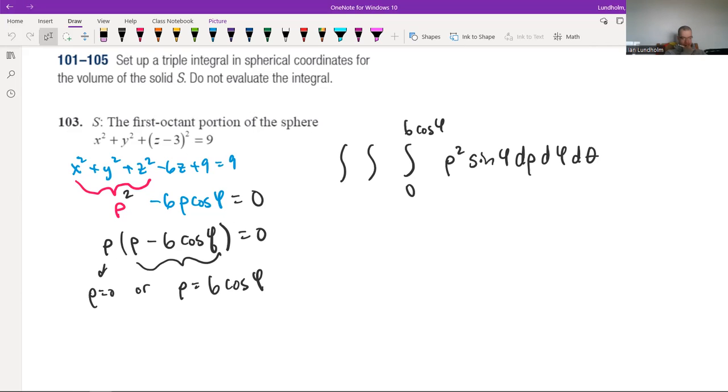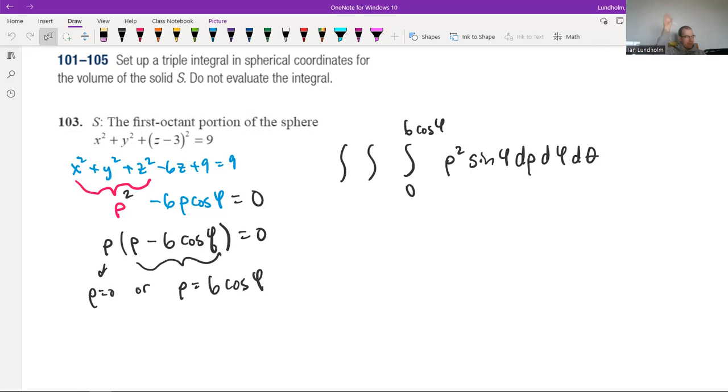And to get the rest of this, we need to keep thinking about, okay, we're working with the first octant portion of the sphere. And so I think that's going to bound us in terms of phi and theta. If we're working in the first octant, we'd go from the positive z-axis down to the xy plane.